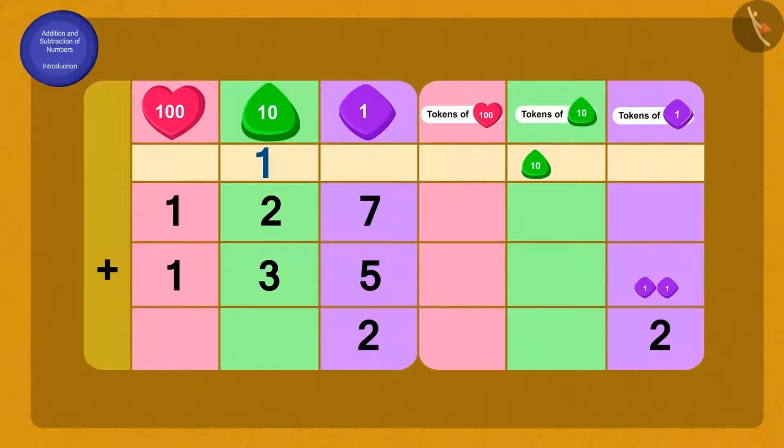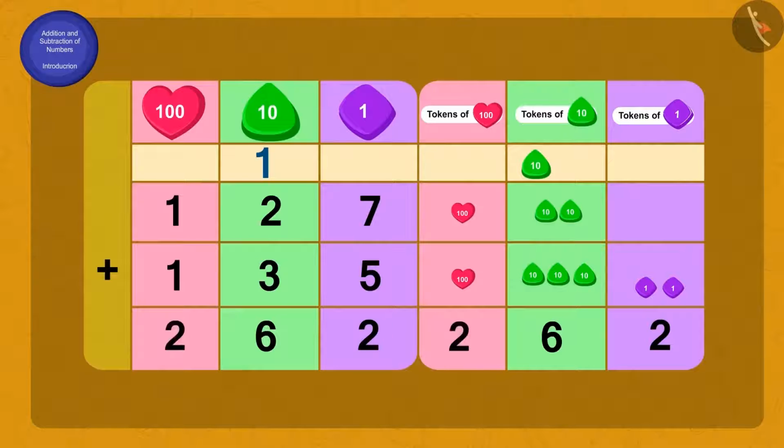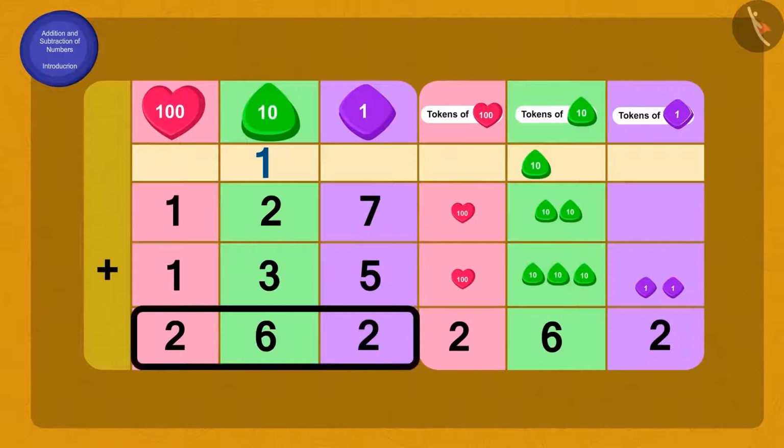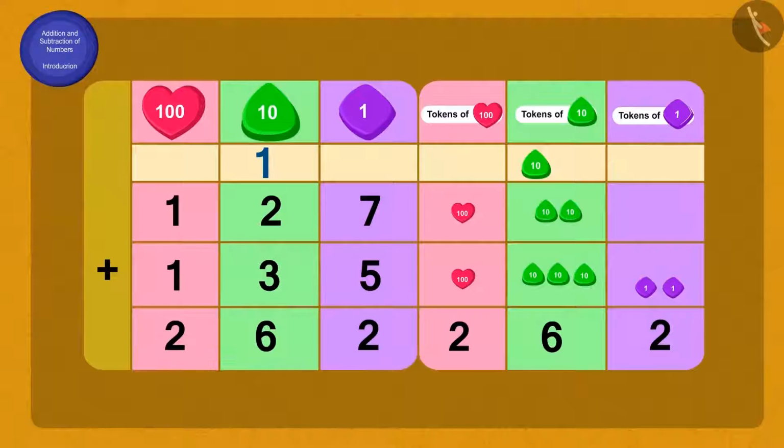And now how many tokens are left with us? 2 tokens of 1. Now how many tens do we have? 6 tens. Now on adding all the hundreds, what do we get? 200s. Appu lost a total of 262 sheep.